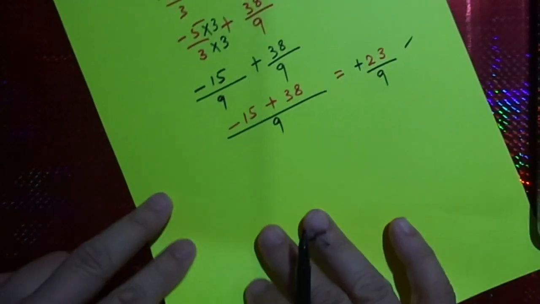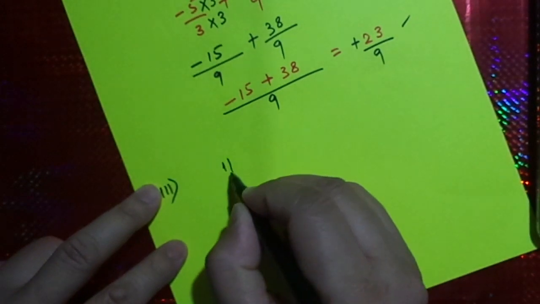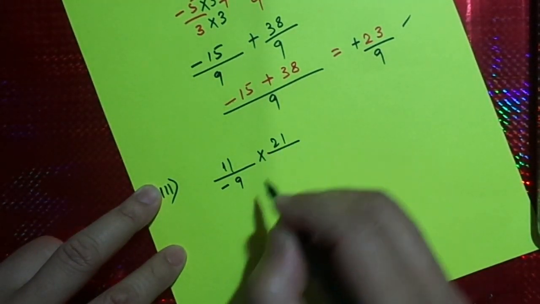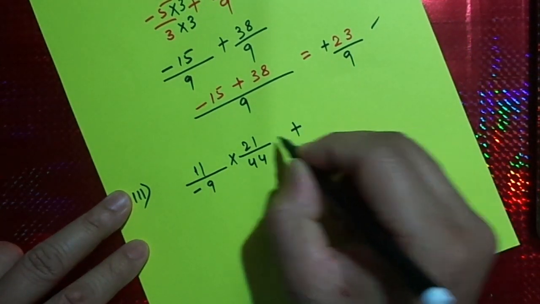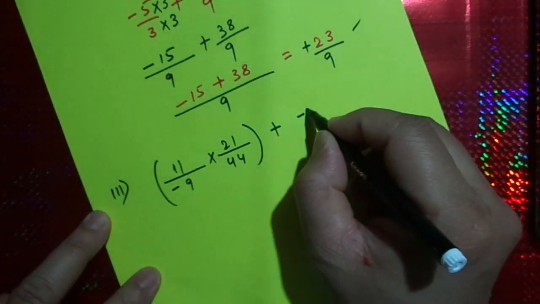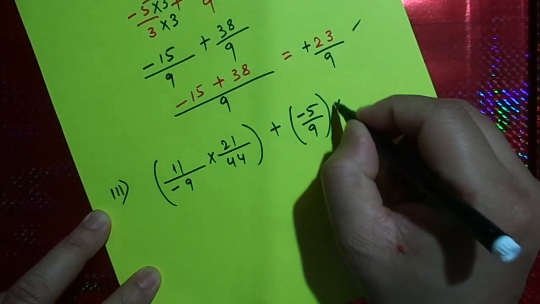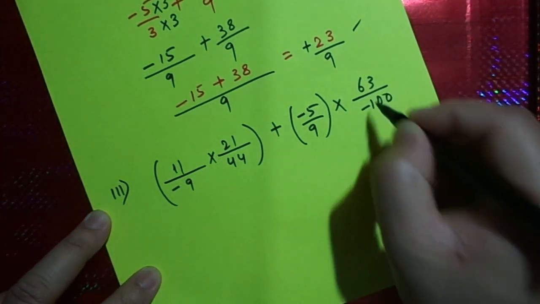Let us do number 3. 11 by minus 9 into 21 by 44 plus, they have kept this in bracket, plus minus 5 by 9, they have kept this in bracket, multiplied by 63 by minus 100.